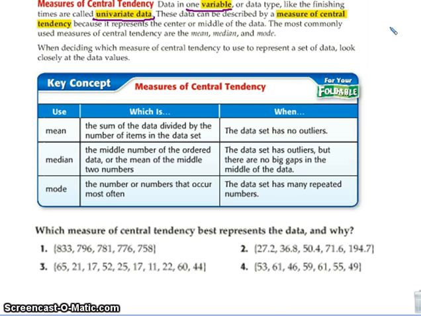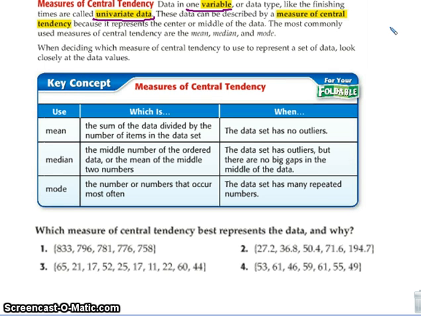With univariate data, it can be described by a measure of central tendencies. We want to know the measures of central tendency of a set of data so that we can have a way to describe it. The three main measures of central tendency are mean, median, and mode. These are not new to you. Every single one of you has heard of mean, median, and mode.